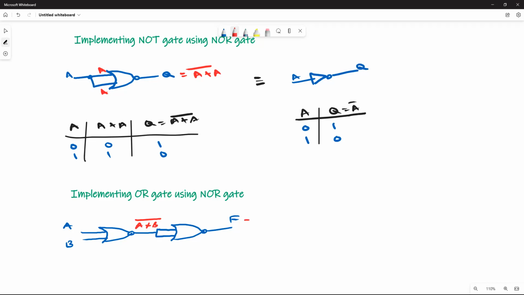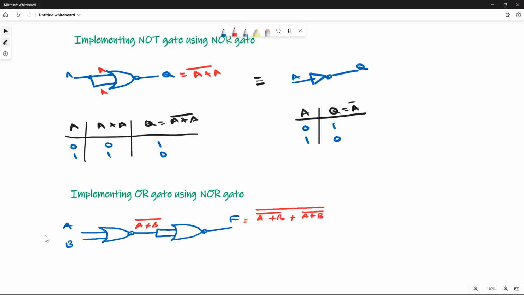So F will be (A plus B bar) plus (A plus B bar), and then you have to take the whole bar. So this is the output.